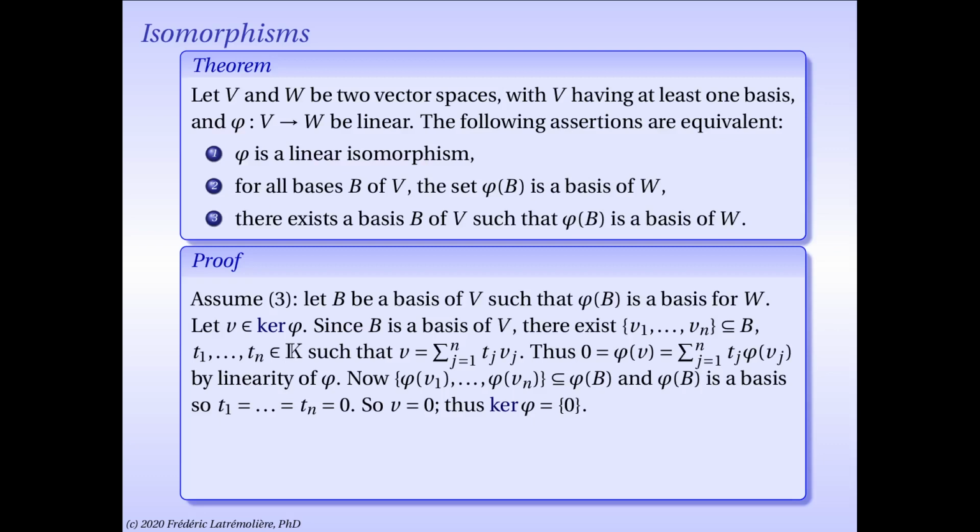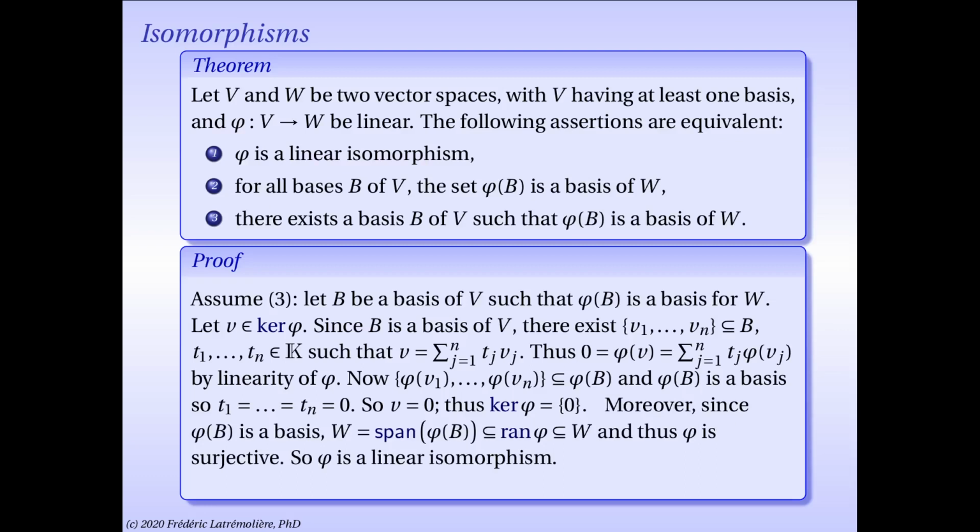Because we were able to write a linear combination of vectors in a basis that's equal to 0, all the coefficients must be null. But then let's go back to what V was. V was T1 V1 plus etc. plus Tn Vn. Since all the T's are 0, it shows that V is 0. And thus I've shown the kernel of phi is reduced to the singleton 0. So phi is certainly injective.